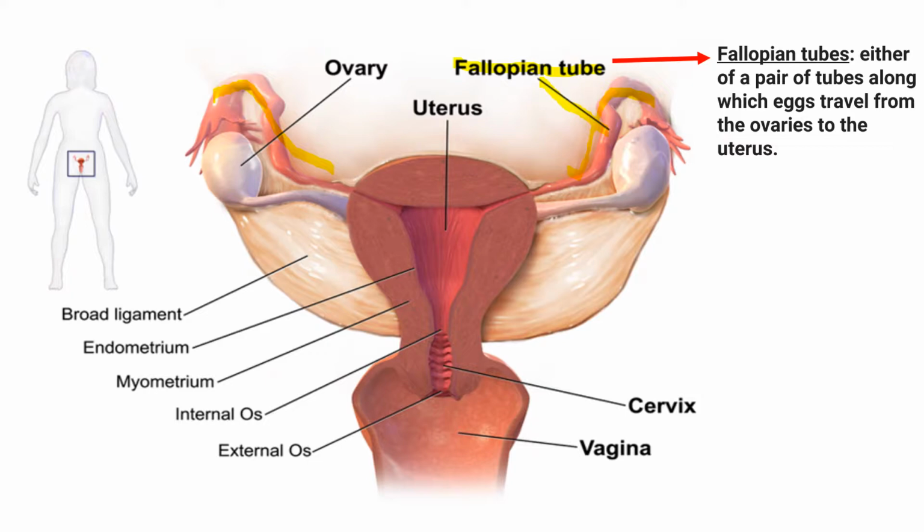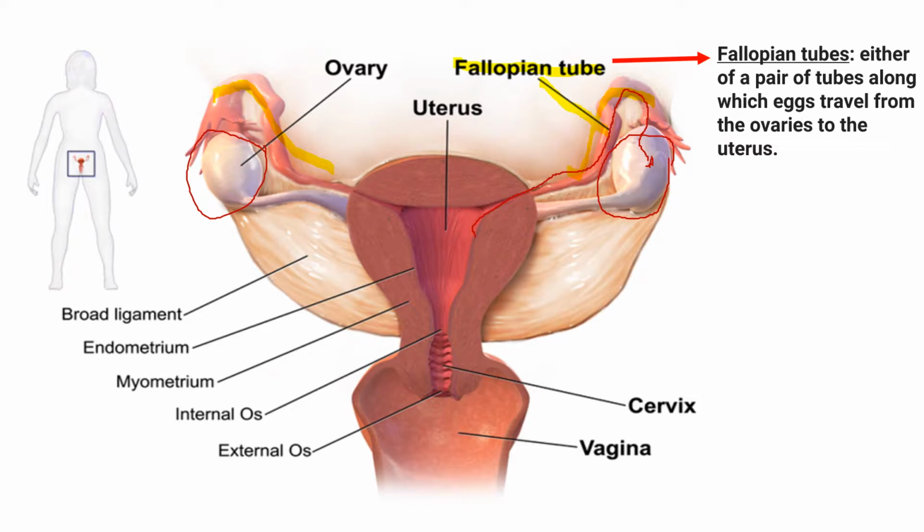So we have the ovaries here. That's ovary. The ovary prepares the eggs, the oocytes, and then an egg will be released, flowing through the fallopian tube, landing in the uterus in bed, waiting to be fertilized.